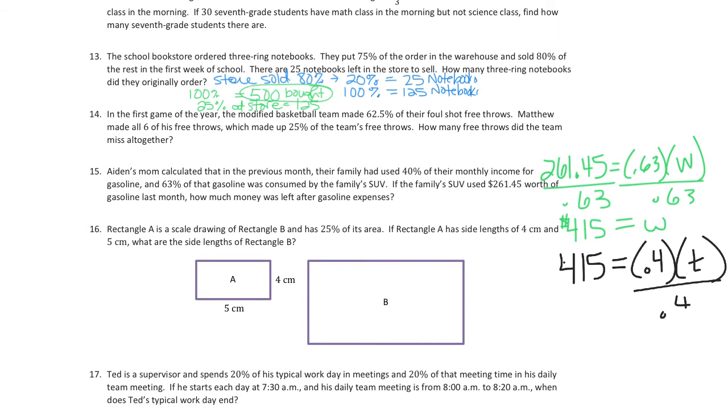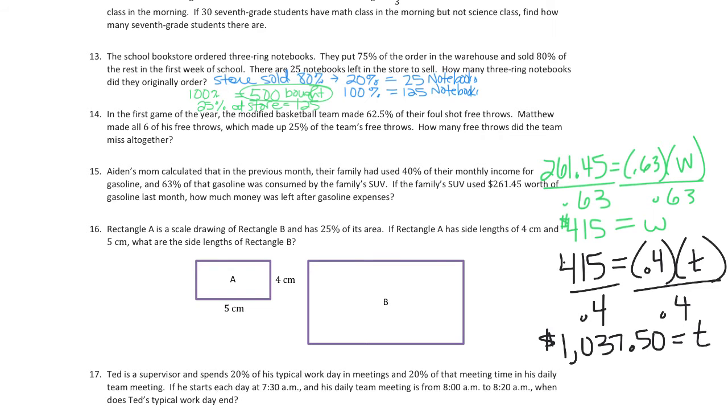So I divide both sides by 4/10, and their total money for the month, 415 divided by 4/10, so $1,037.50 equals their total money for the month.